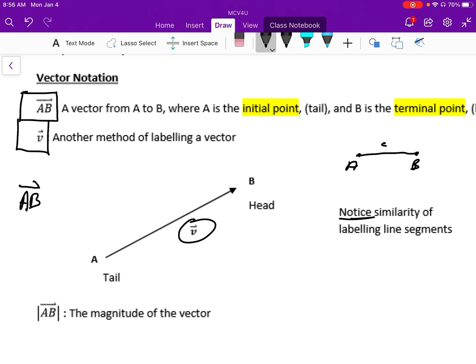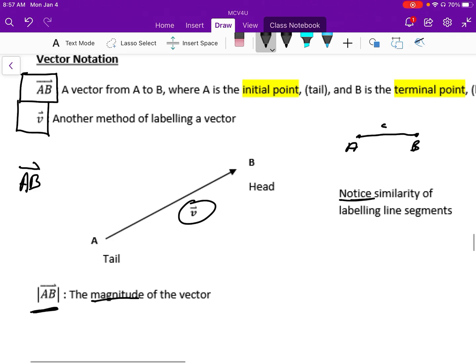We have another symbol, and this represents the magnitude of the vector. We use the absolute value sign around the vector itself, and we say the magnitude of the vector. In this case, we've got the magnitude of vector AB.